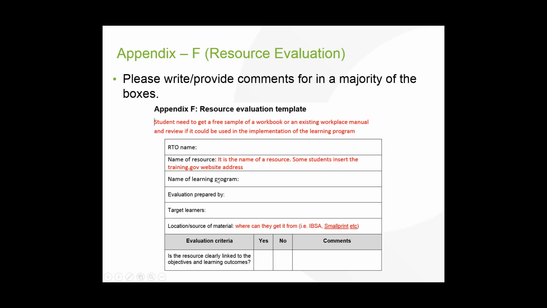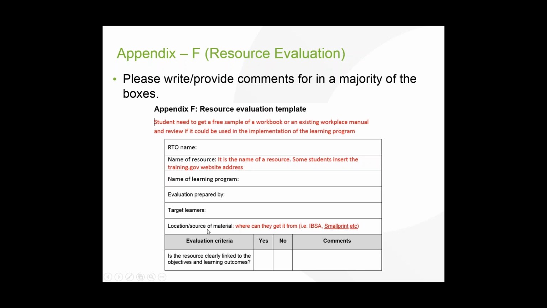Second thing, name of resource. I'll give you examples of names of resources: learning material, slideshow, activity, case study, role play, data sheet. These are names of resources. Do not put the source of that resource.